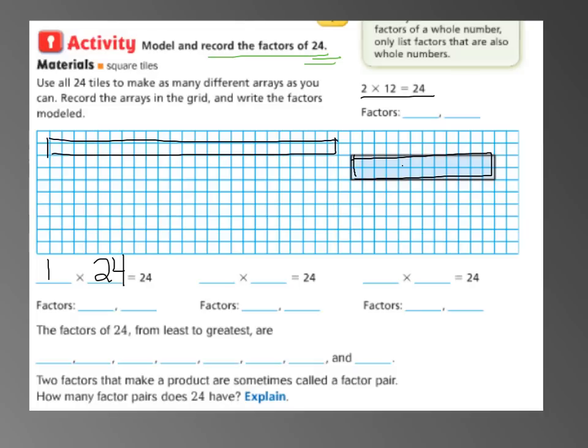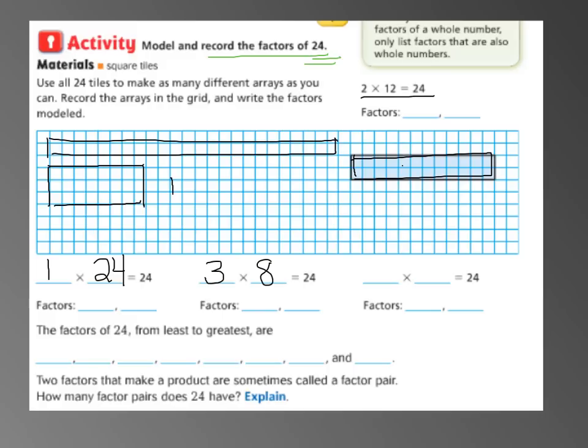Okay, is there another way that we can model this? Well, I think there is. We could do 3, I know goes into 24, and 1, 2, 3, 4. Oh boy, I hope that's 8. 2, 4, 6, 8. So we know that we could model it with 3 times 8 equals 24. Okay. Anything else you can think of that you could use as factors for 24? How about 4 and 6?